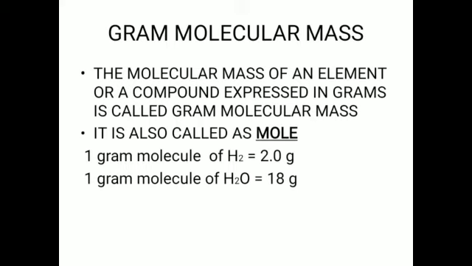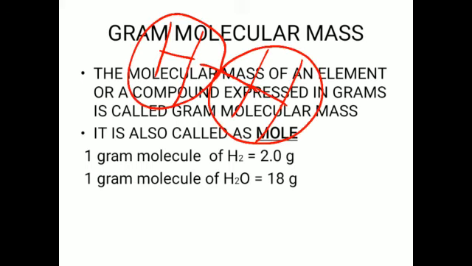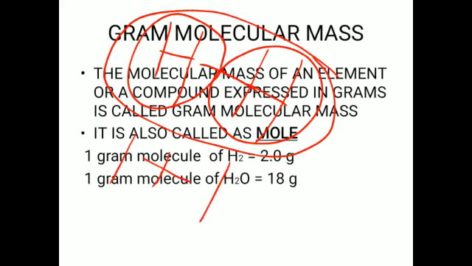It becomes gram molecular mass or molar mass. The molecule of hydrogen consists of 2 atoms of hydrogen chemically bonded. So when I calculate the mass of the whole unit, I have to calculate the masses of both hydrogen atoms. So I add 1 plus 1 to get 2 grams.